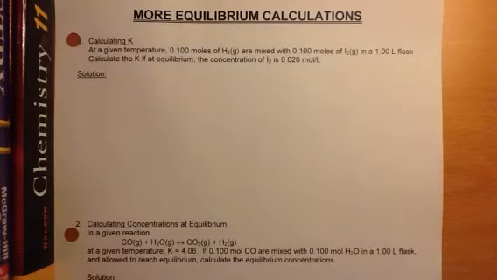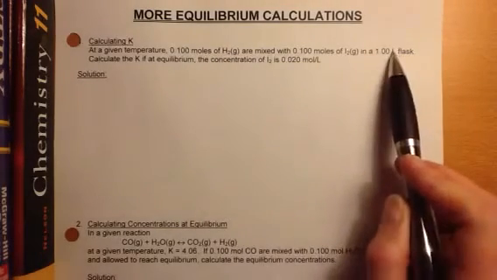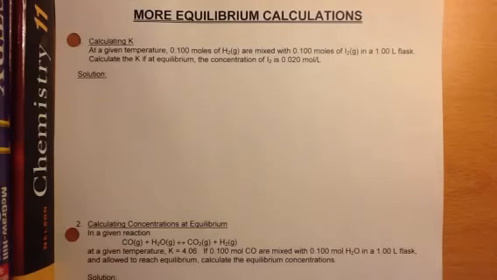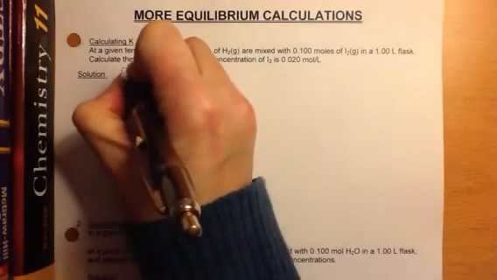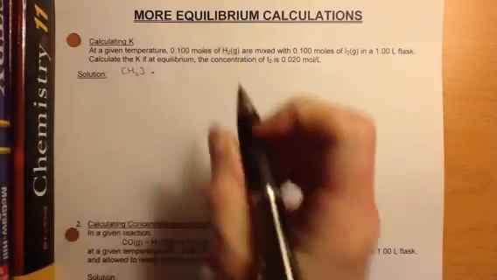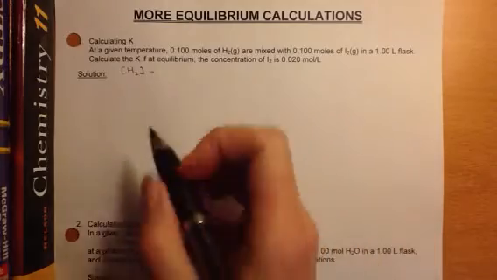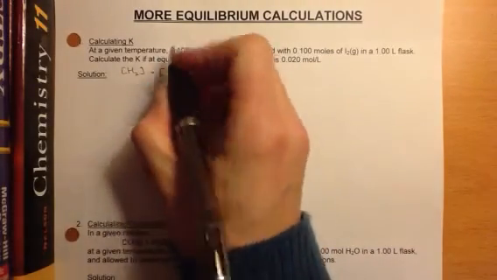So let's start off with the hydrogen and the iodine concentrations because they're giving us moles in a certain amount of volume. So the concentration of the hydrogen is actually going to be equal to the concentration of the iodine because they're both 0.1 moles.